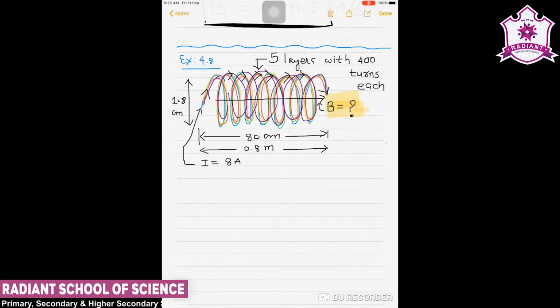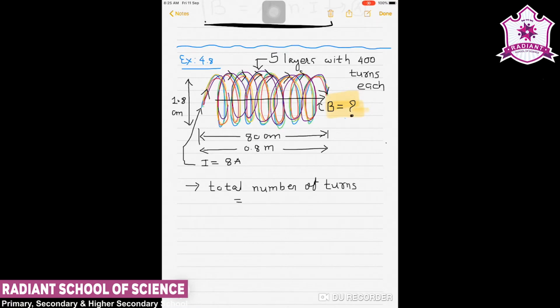So there are about 400 turns per layer, and we can find the total number of turns.